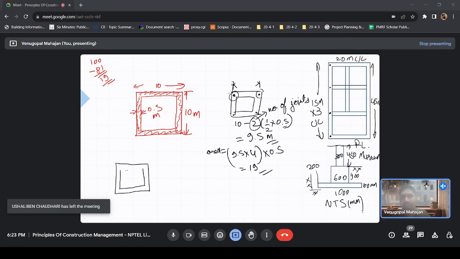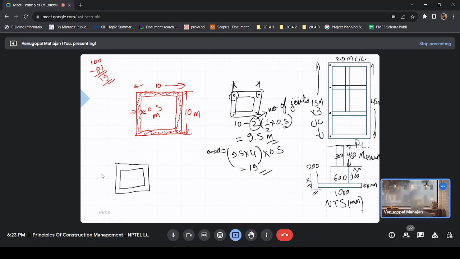So how do you actually decide which wall is long and which wall is short? Is there any way to decide or to fix that this will be long wall, this will be short wall? As per dimension, sir. As per dimension?